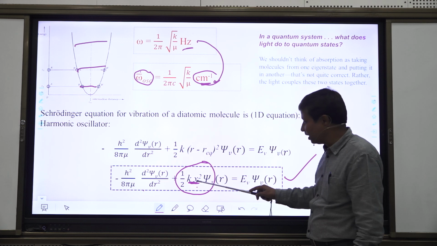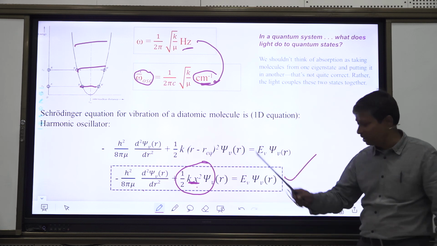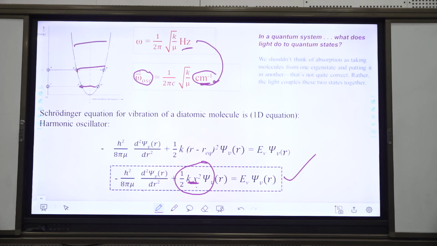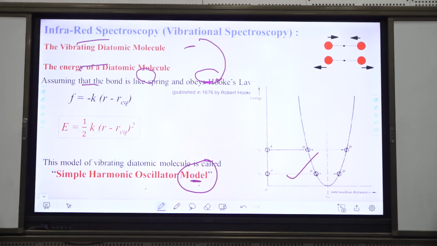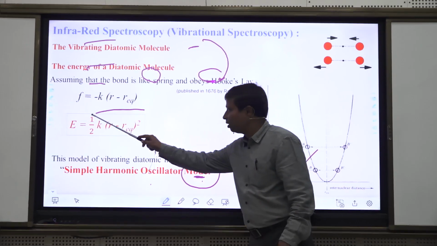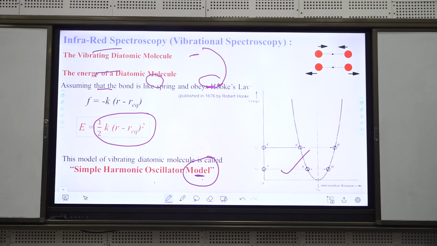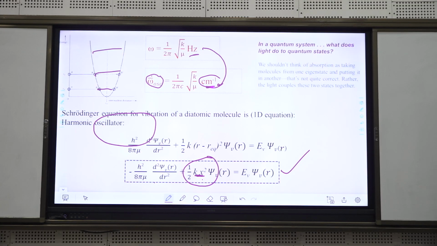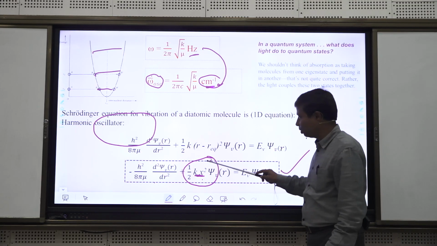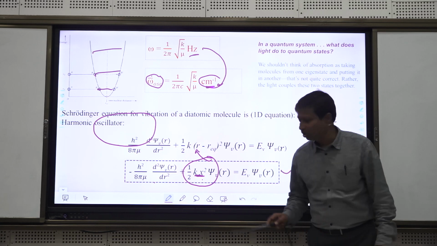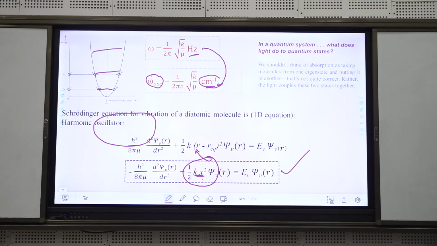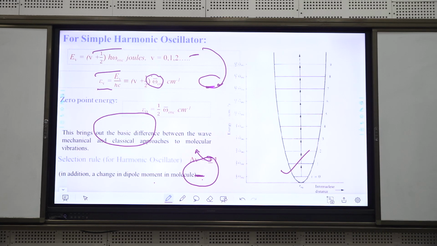We have seen in the last slide that the energy term is this one, so we have to replace it there. Then the solution of the Schrodinger equation gives you the energy levels.